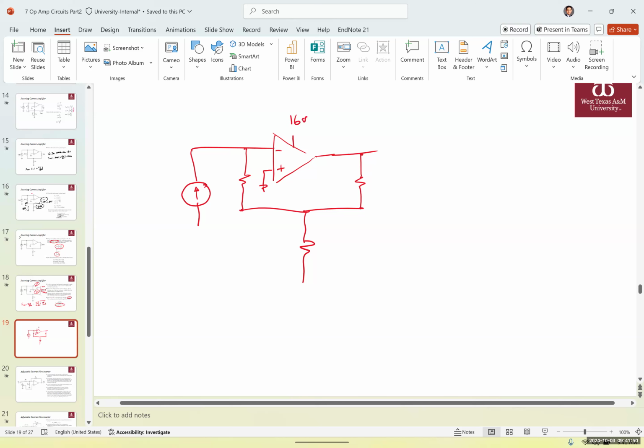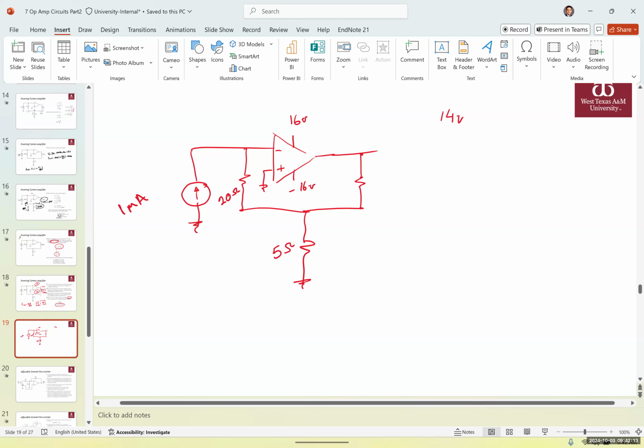This is 16 volts, negative 16 volts. The maximum voltage that the system could reach is 14 volts before saturation. This is also ground, this is also ground. Input current is 1 milliamp. This is 20 ohms. This is 5 ohms.